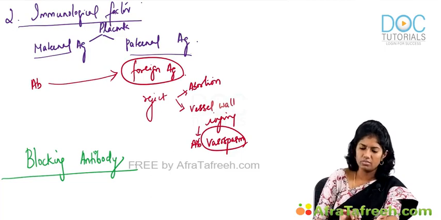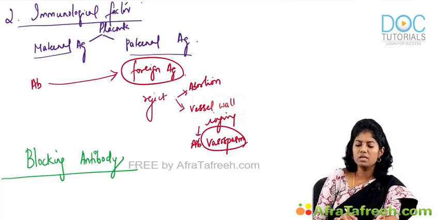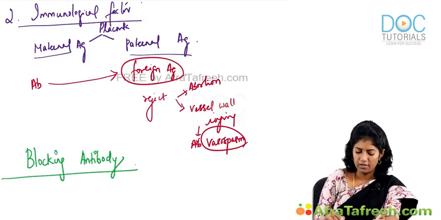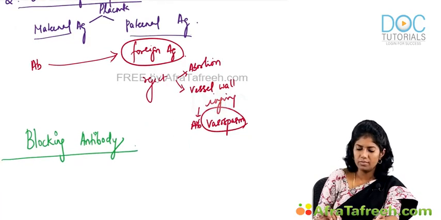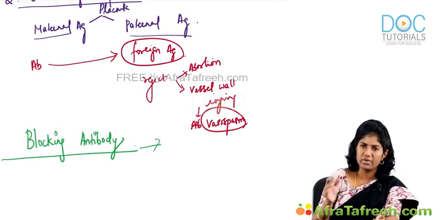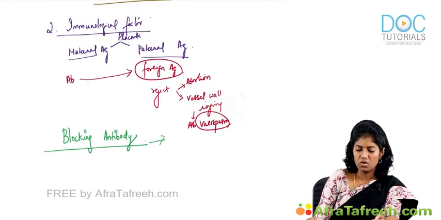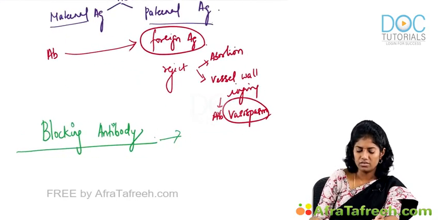Now what happens if the mother fails to develop this blocking antibody? That is where the immune reaction occurs, vessel wall injury occurs, vasospasm and ultimately hypertension. So this is what the immunological factor has to say.